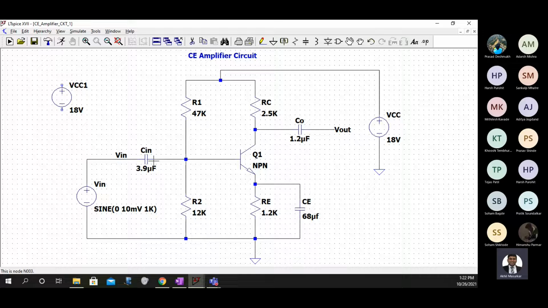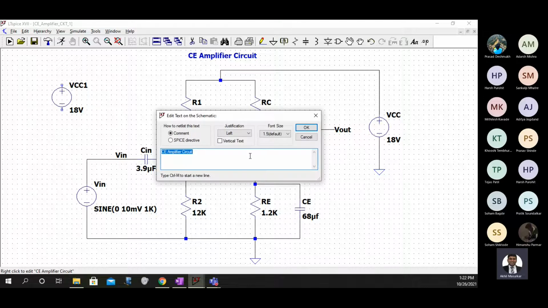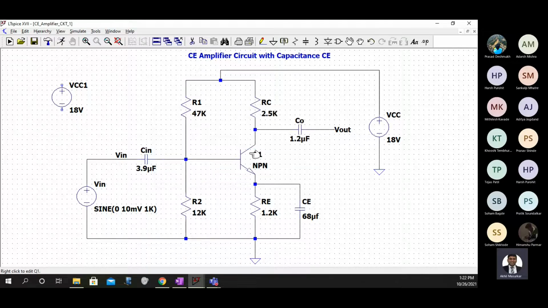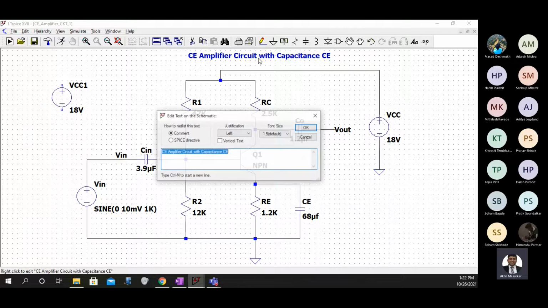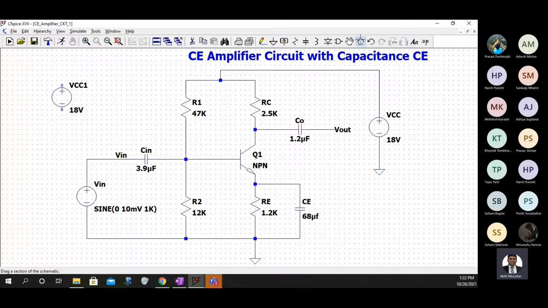Yes, so do this and post the circuits in the chat box. I'm just renaming it with capacitance CE because shortly we are also going to see without capacitance.